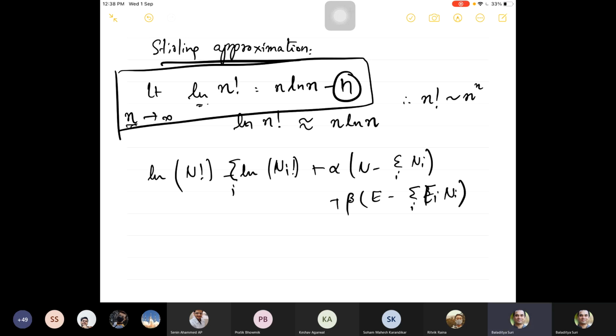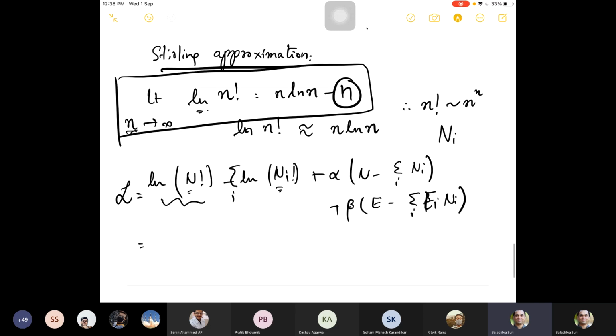We still haven't used any approximation, and this is the cost function L, or the optimization function L. Now we use Stirling's approximation on each of these terms. So in addition to thinking that capital N is very large, we are also assuming these ni's are also very large. Both the ni's, and thereby capital N, are all large numbers.